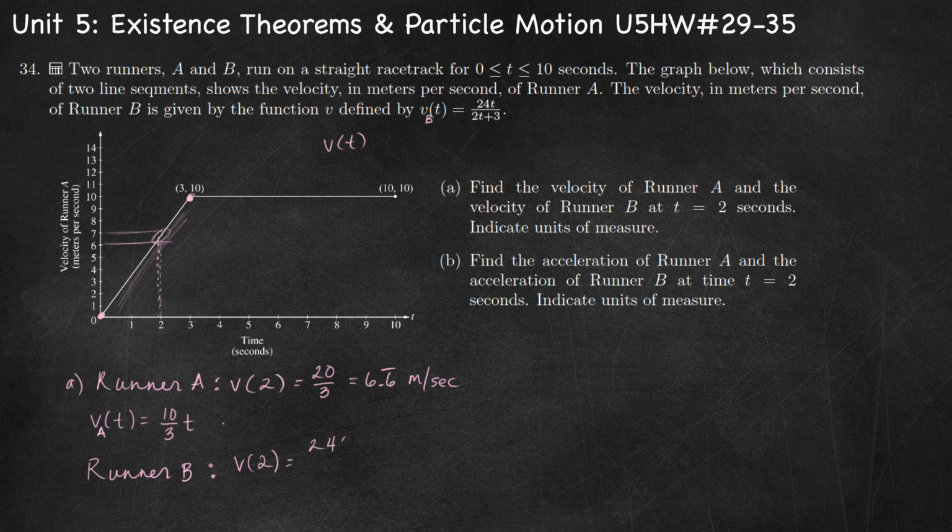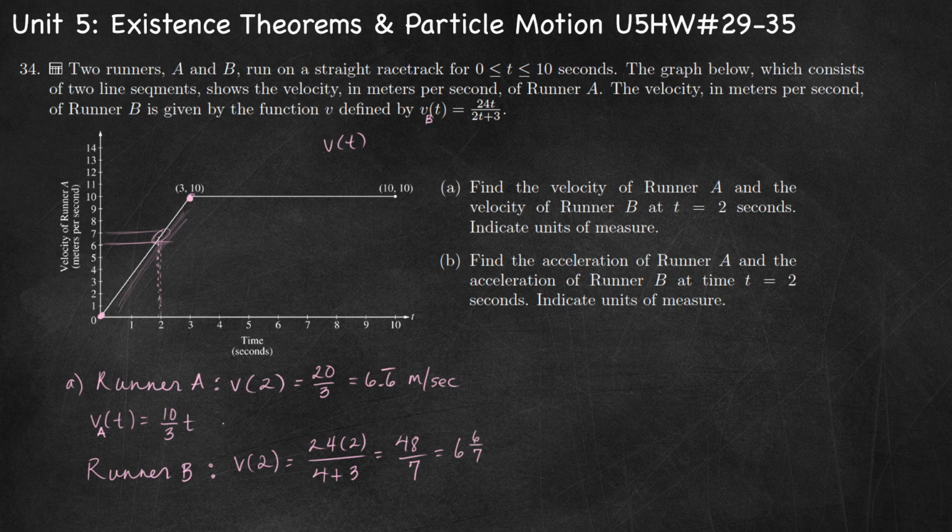So 24 times 2 over 2 times 2 plus 3, or 48 over 7. So 7 goes into 48 6 times. That's 42 with 6 left over. So we have 6 and 6/7.